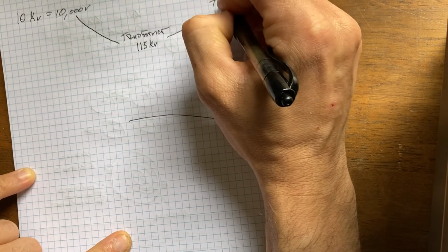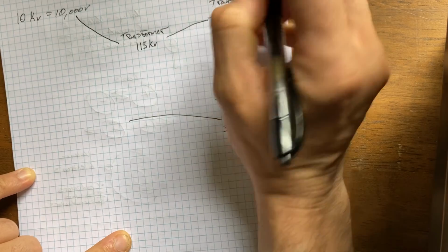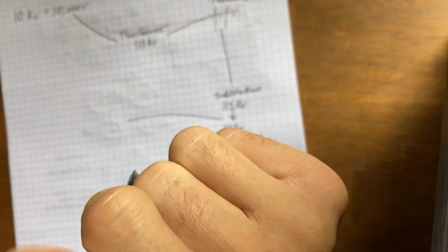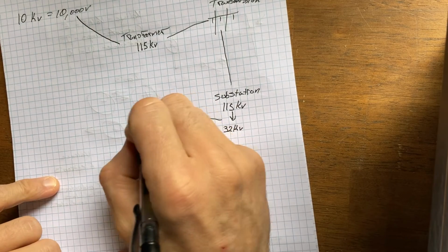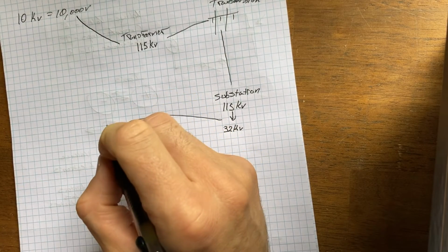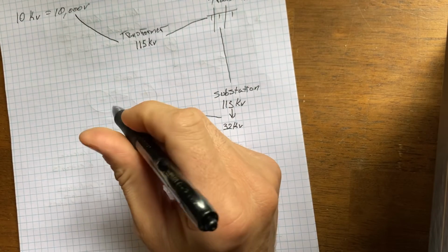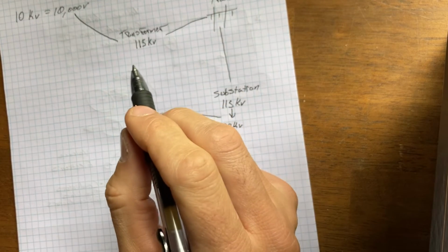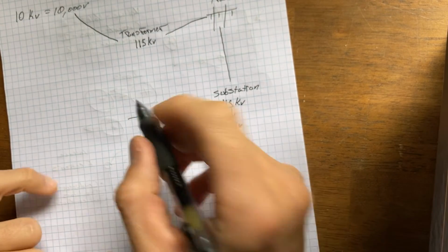So transmission is like when you have to send voltage from one county to the next. And distribution is when you go from the substation to spread power throughout the town that the substation's in, or the next town over. It doesn't have to go nearly as far.